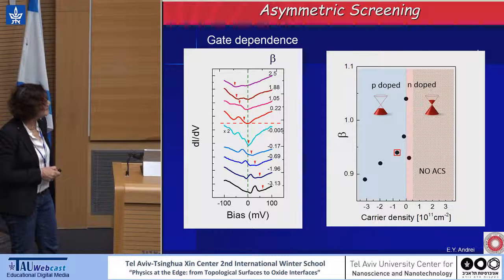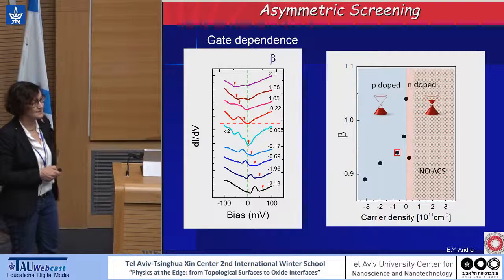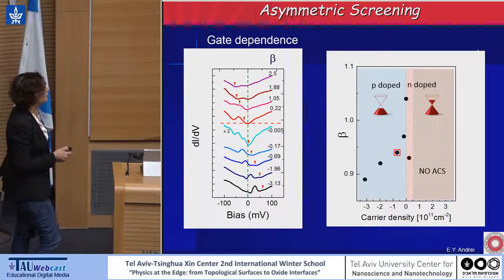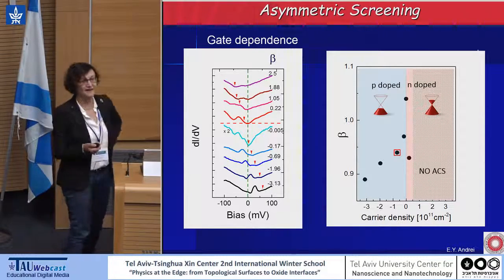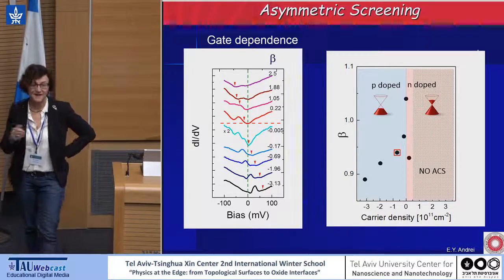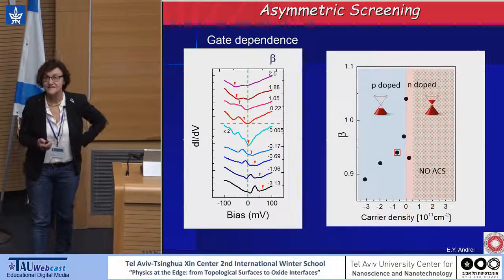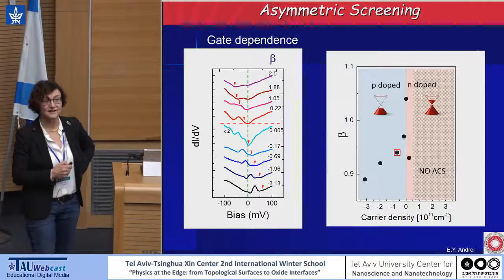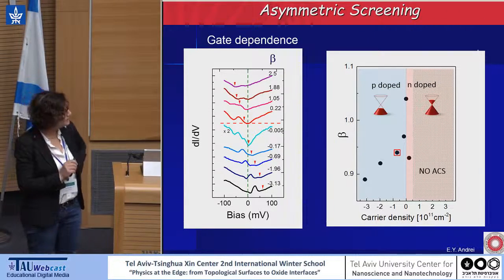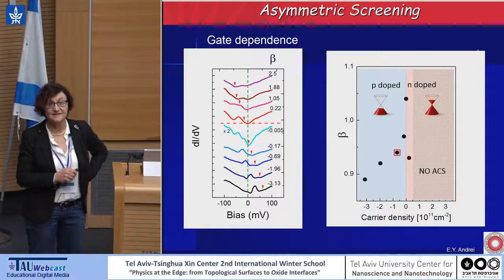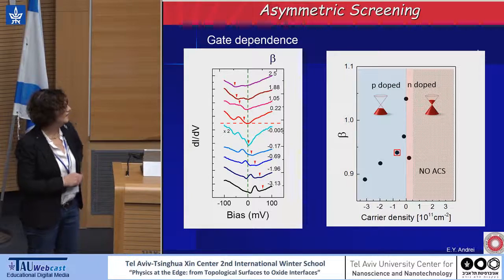There are all sorts of ideas about what's going on. One possibility is some sort of a correlated state. Another possibility is a strong electron-hole asymmetry because of the charge there. But I think the reason for this strong asymmetry is not yet understood.